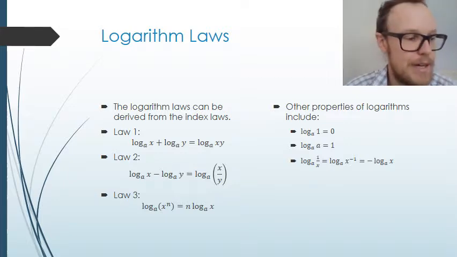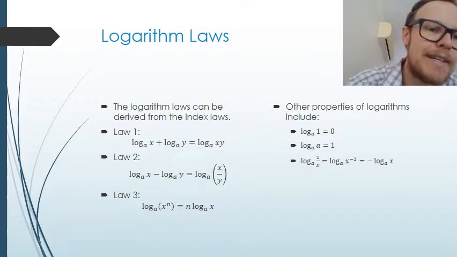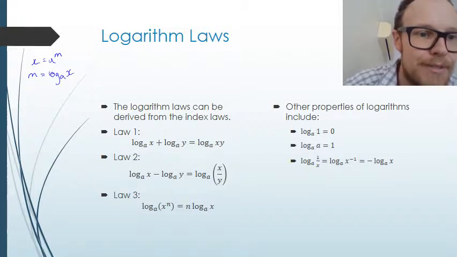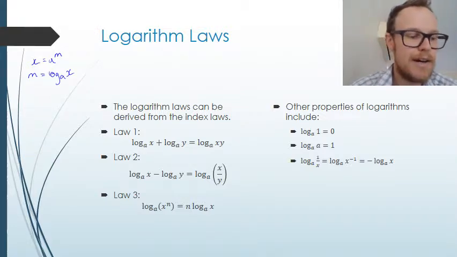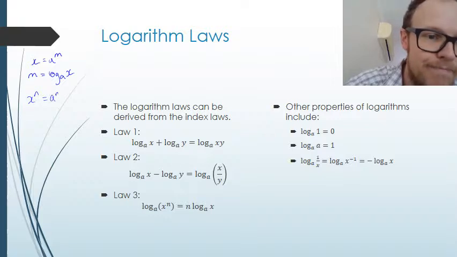For the third law, however, it's slightly different. It uses index law 3. We know that x is equal to a to the power of m. So once again, m is equal to log to the base a of x. Now, if I've got x to the power of n, that's a to the power of m, to the power of n.